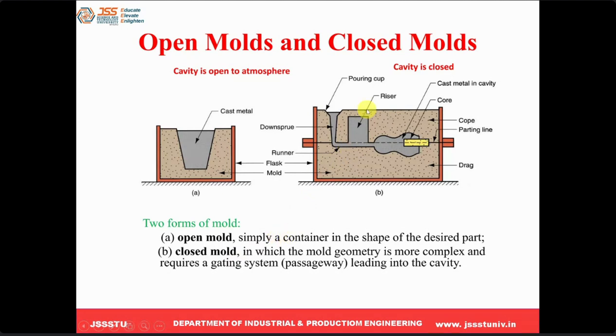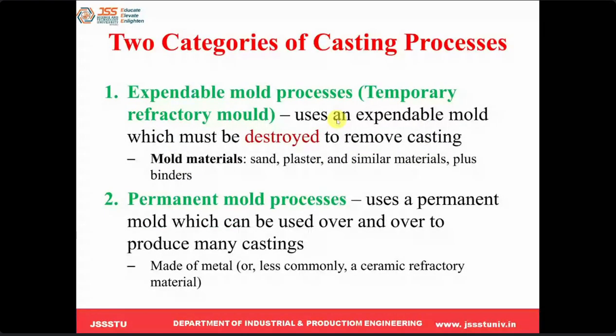So basically the mold box is divided into two halves. One is called cope, one is drag. Drag is the bottom box and the top is called cope. Inside that there are various things we connect, like riser, pattern, core, runners, and the gating system.